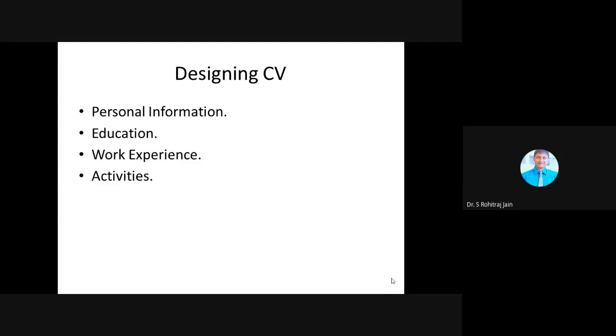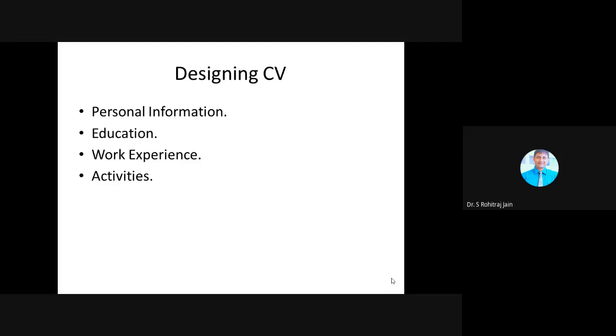Then the next point is work experience. This part of your curriculum vitae should provide details of your work and professional experience. You need to mention the job title, name of the organization, the name of the employer, and the dates of employment. So first you start from the latest one, the immediate previous post before coming here.